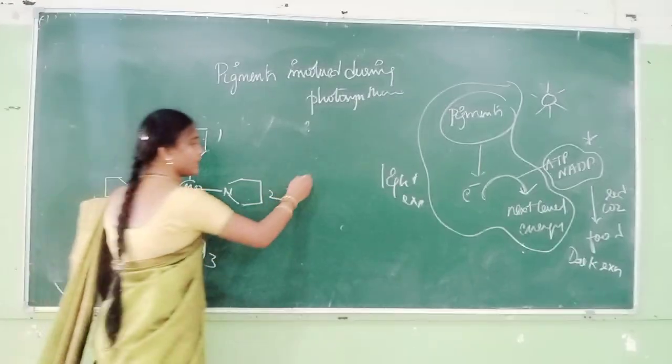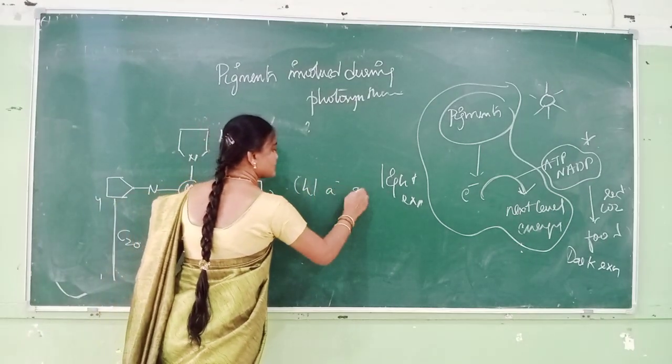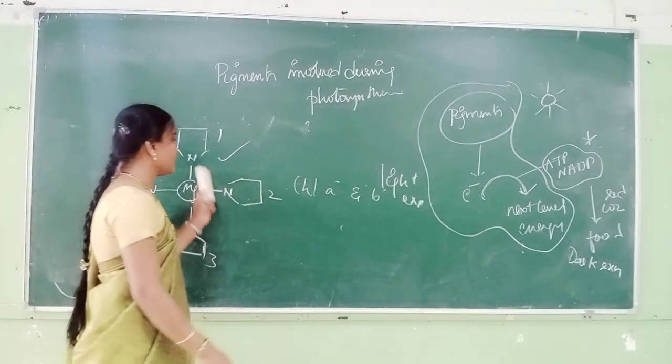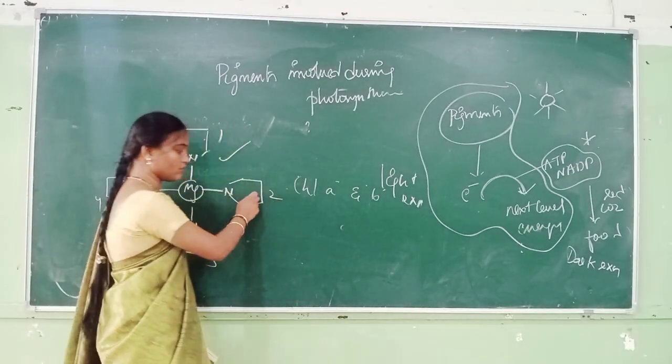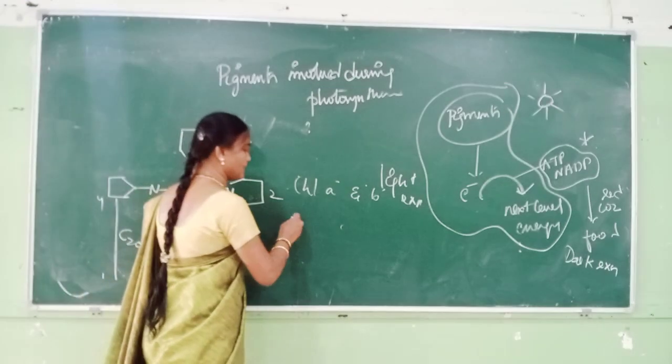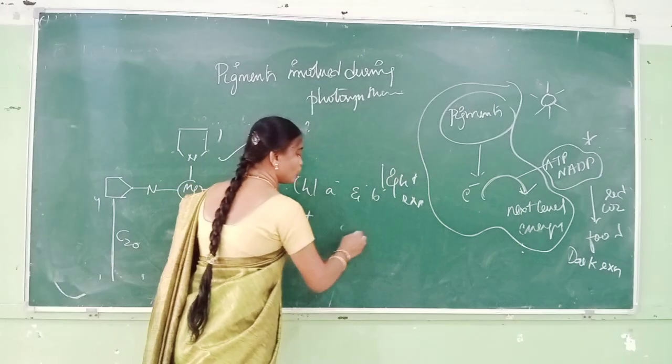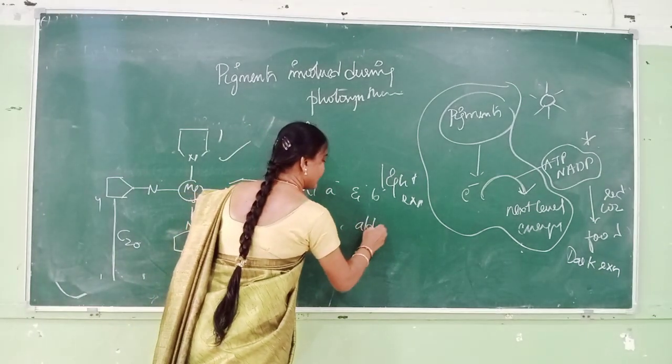So chlorophyll A and B are differentiated according to this structure. In chlorophyll A, at pyrrole ring number 2, it has methylene bridges, and in chlorophyll B, it has aldehyde bridges.